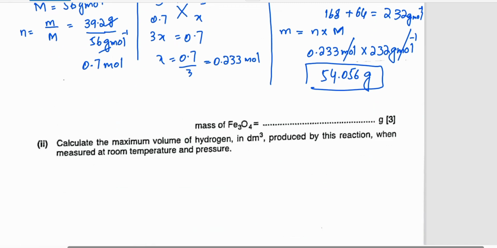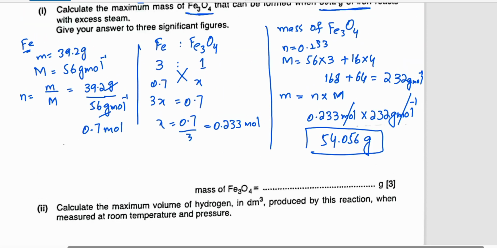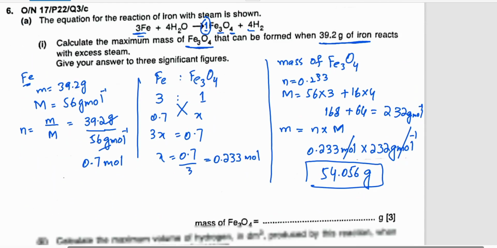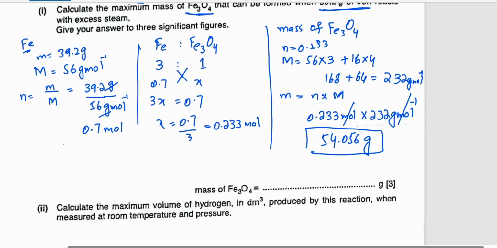Calculate the maximum volume of the hydrogen produced by this reaction. By using the same reaction, hydrogen produced. So we compare the iron with the hydrogen.